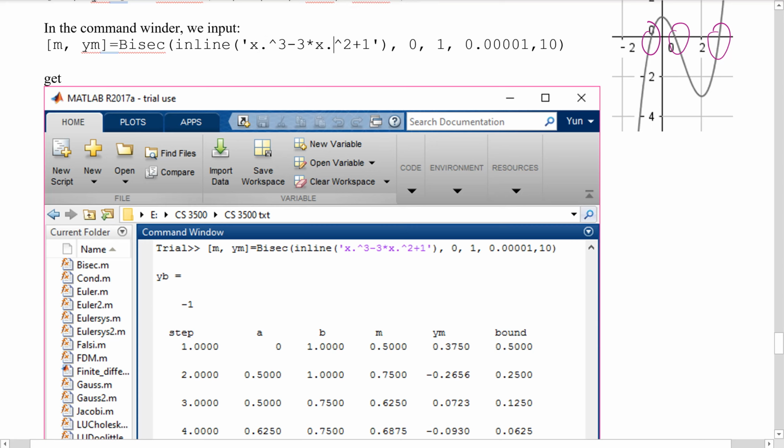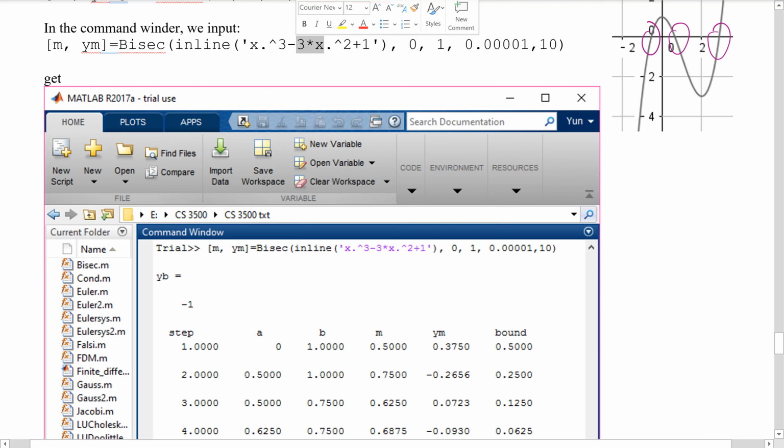In later sessions, when we talk about vector valued functions, if you want pointwise multiplication or pointwise power, then you have to insert the dot. Also, if you want to plug in 3 times x, you have to put 3 asterisk x.